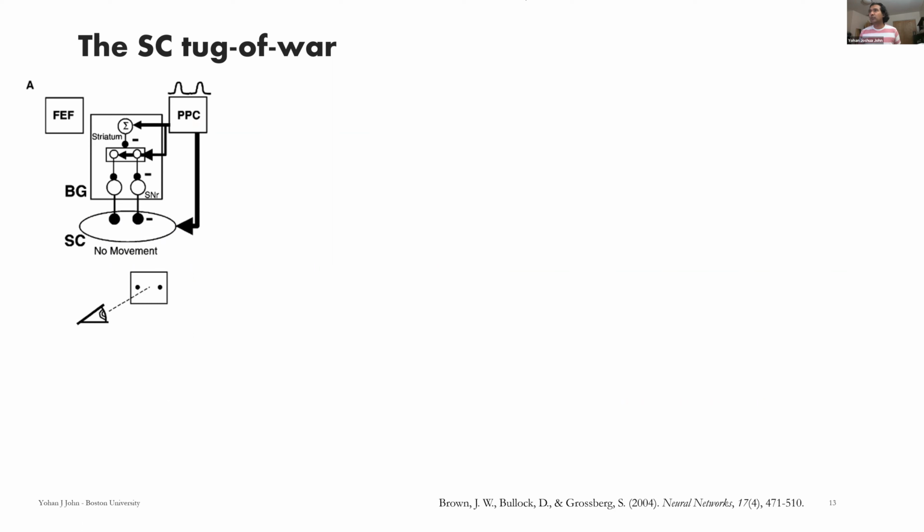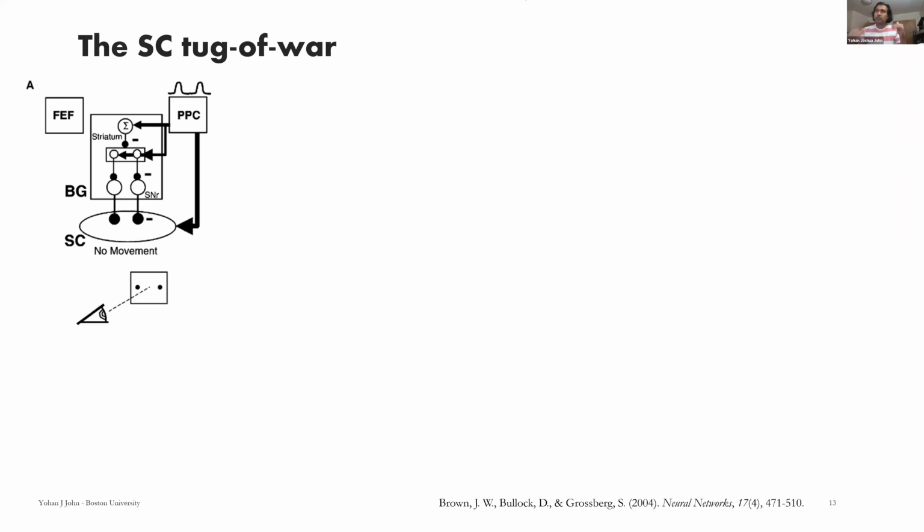I call it a sort of tug of war. So basically, as I said, FEF and PPC are both providing signals, one about the object to be saccaded to and the other about the location, more or less. There's some subtlety to it, but they're both summing in the striatum and both contacting the feed-forward inhibitory interneurons.